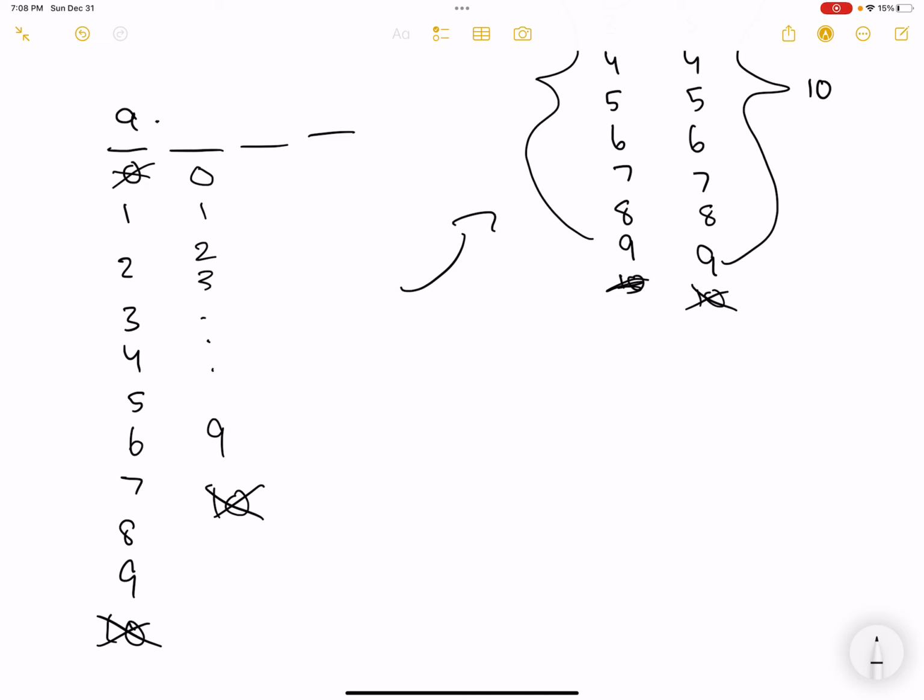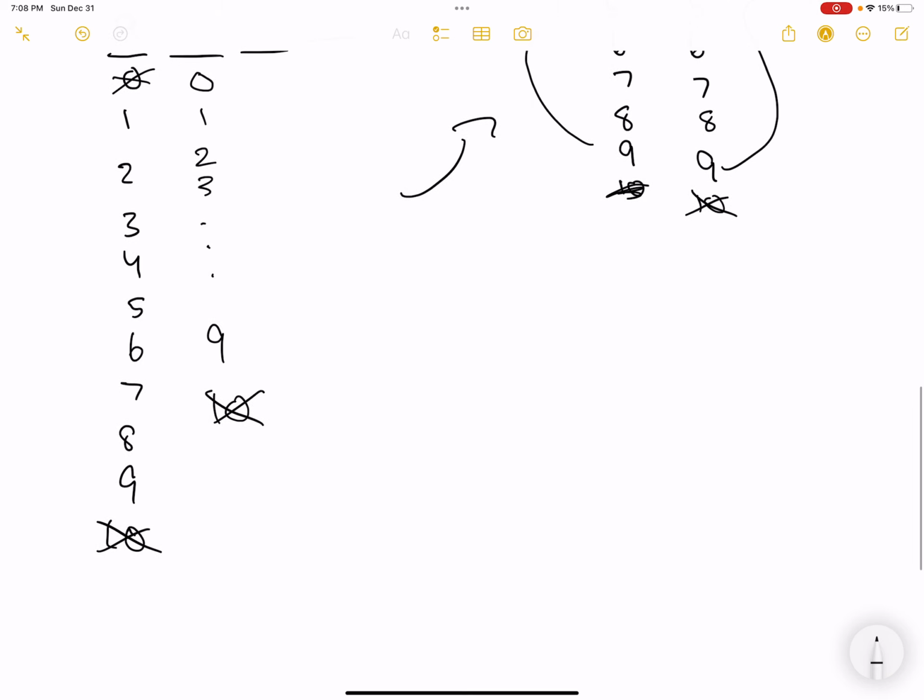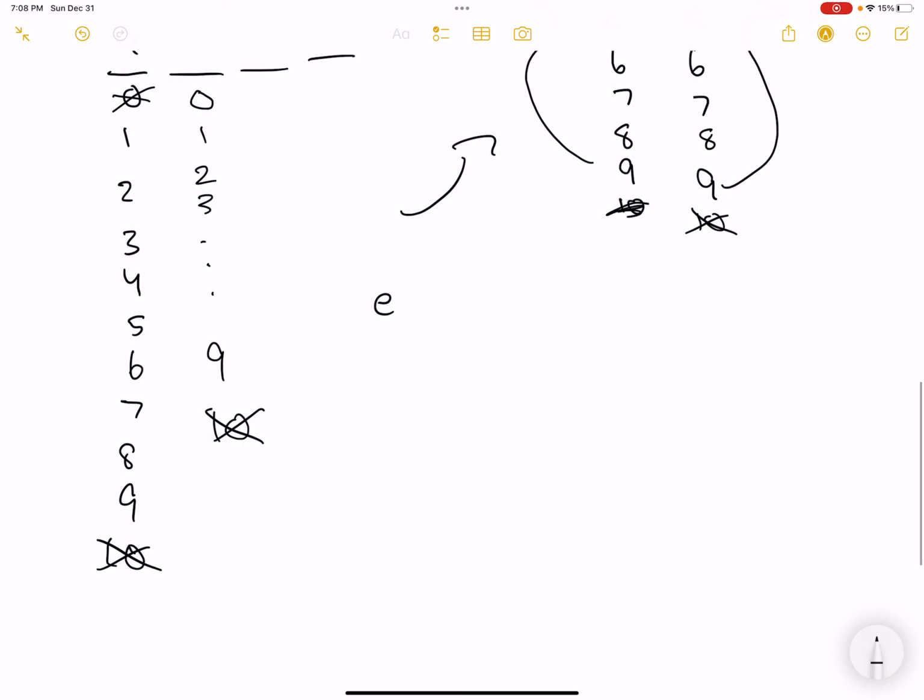So again, if our 4-digit number started off with 1, then the other digits could not be 1. So we would not be able to choose 1.